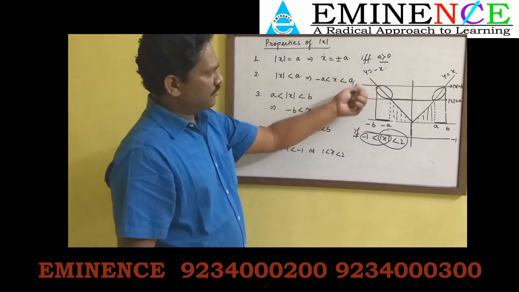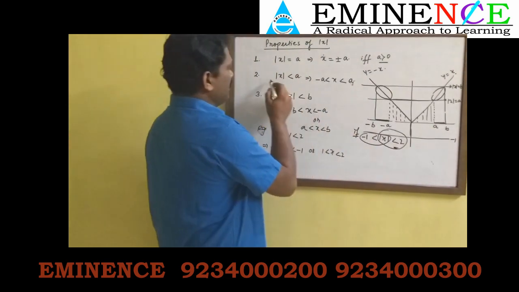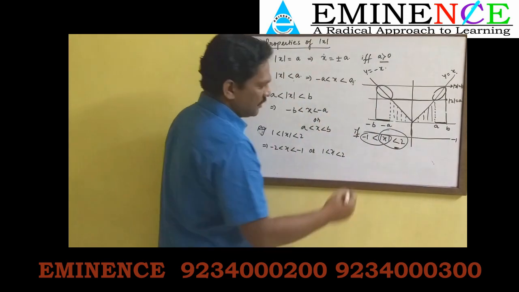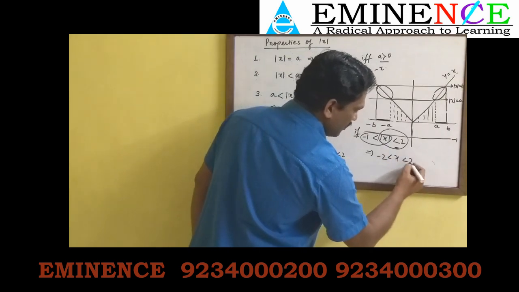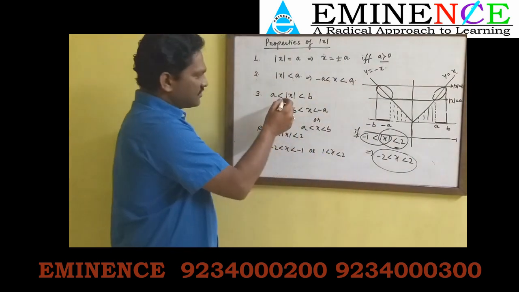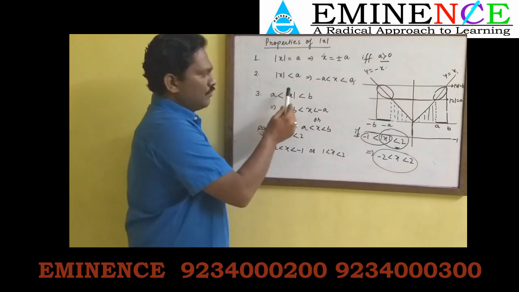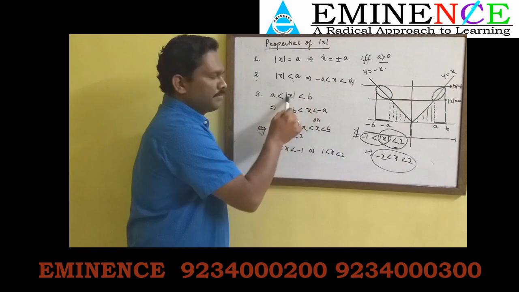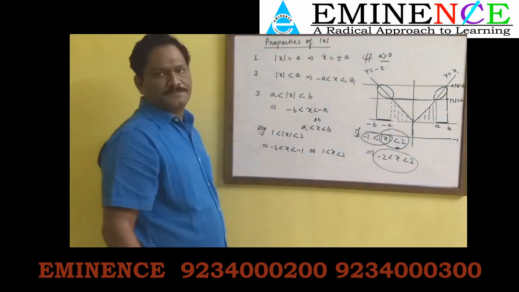It should be less than 2. So it is equivalent to an inequality of type 2. So I can write that x should be greater than minus 2, less than 2. So in this case, if the left hand side becomes negative, only the right side is going to be applied, not the left side.